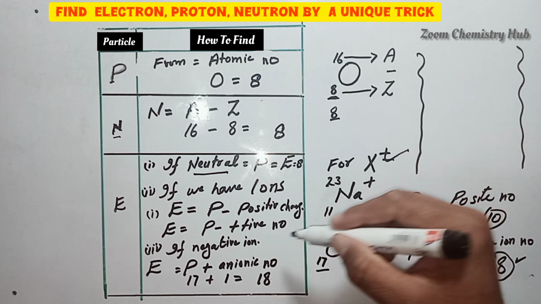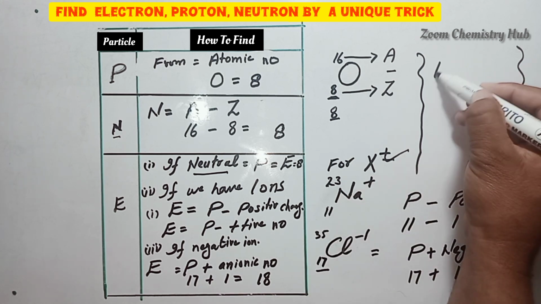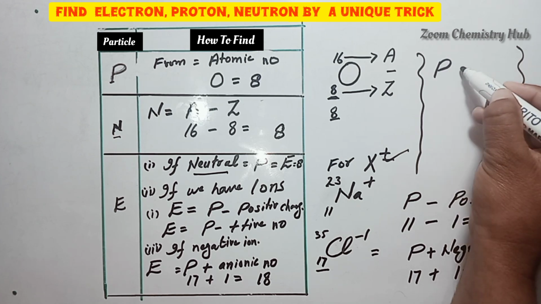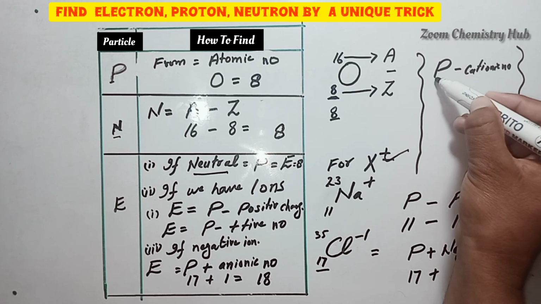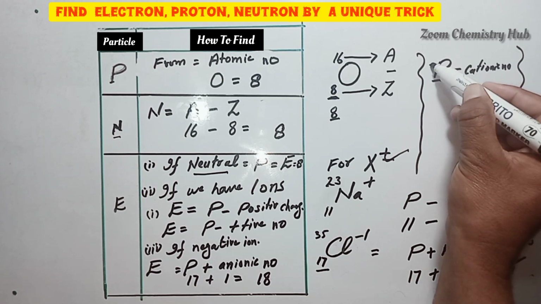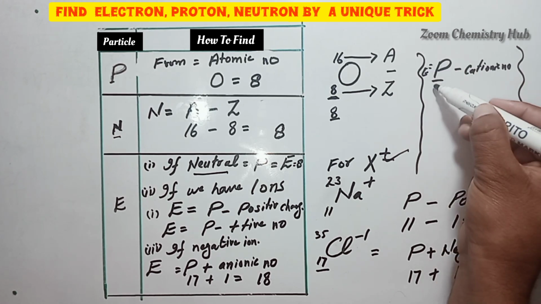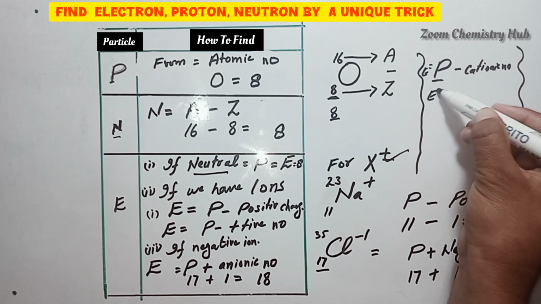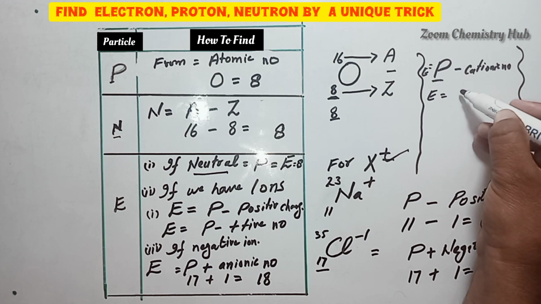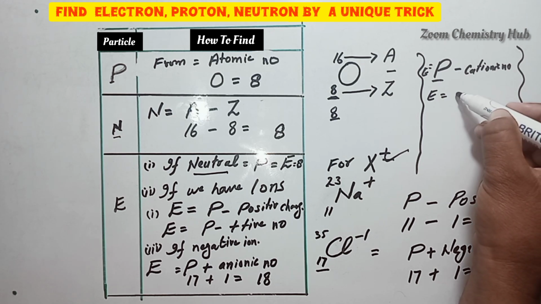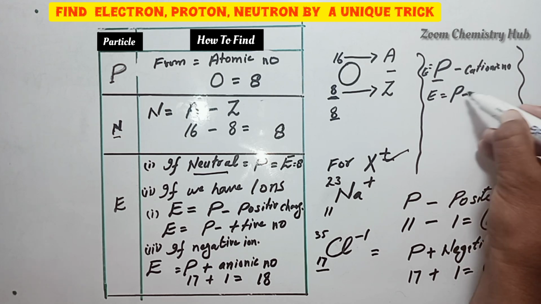For a positive ion, we subtract the cationic number from the number of proton to find the number of electron, and for an anionic number we can find the number of electron by adding the anionic number to the number of proton.